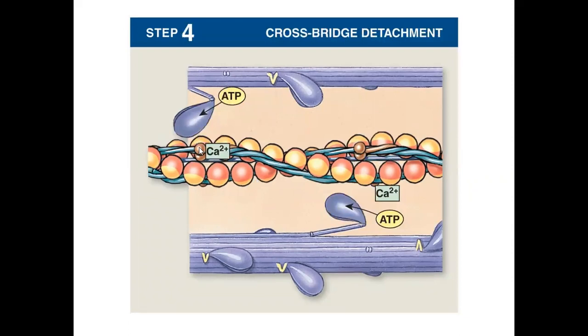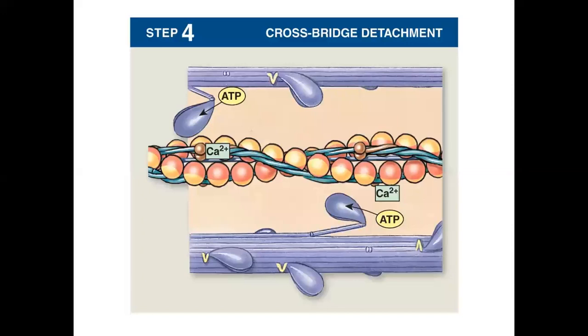So let's go to that stage where the ATP binds, and upon binding, it causes the detachment. So the actin will release the myosin because it has attached to ATP. But ATP cannot exist on the myosin head without being broken down, because the myosin head has ATPase activity.